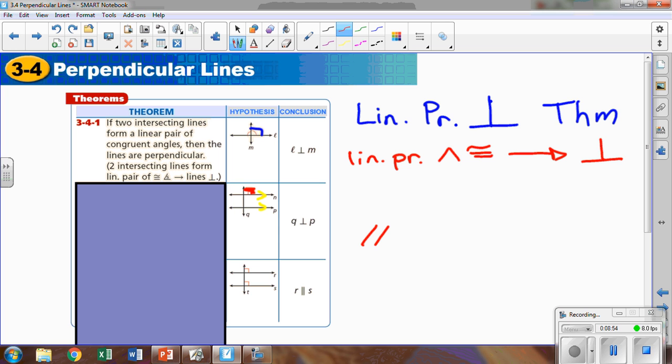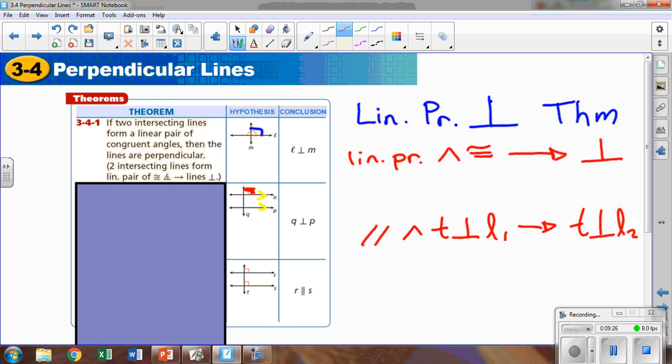We're given perpendicular. If we have parallel lines and the transversal is perpendicular to one line, what does that cause? Or rather, what would you know is true? The transversal has to be perpendicular to the other line.